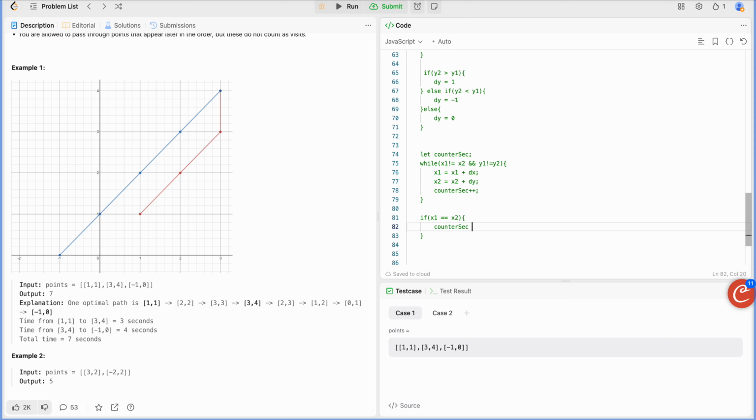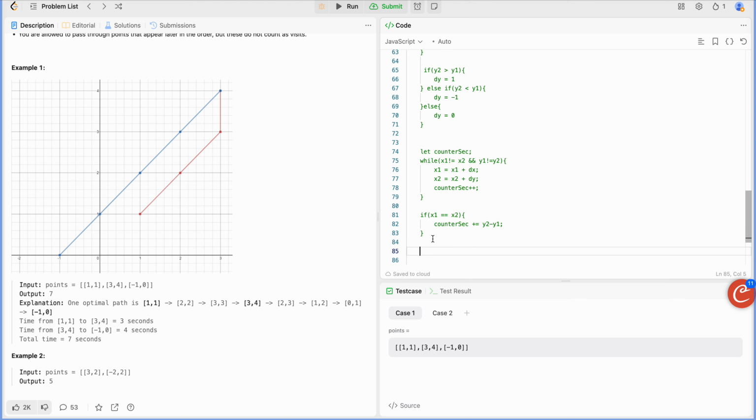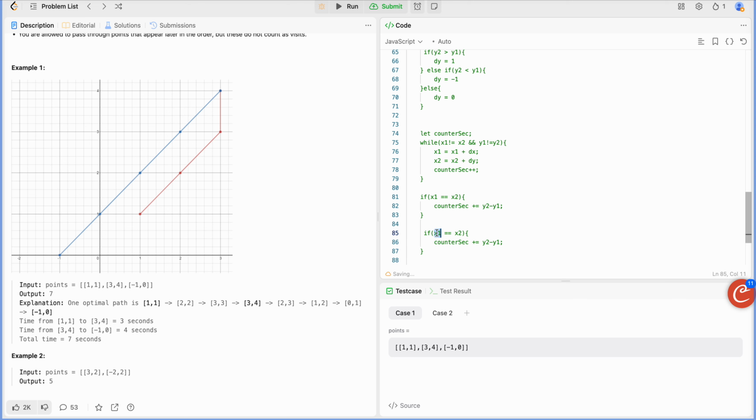So counter second will be added in such a way that y2 minus y1. I'll also go through this case, but first let me write. And if x1 is equal to x2, I mean similar case, but okay, I will optimize this code. So this is my rough code.